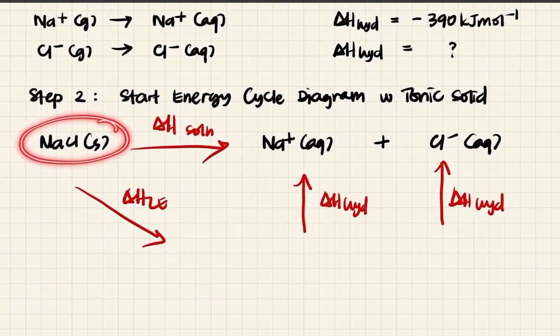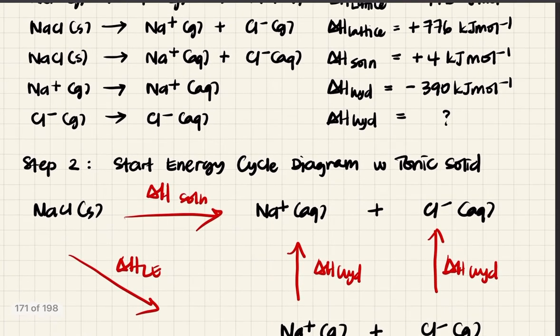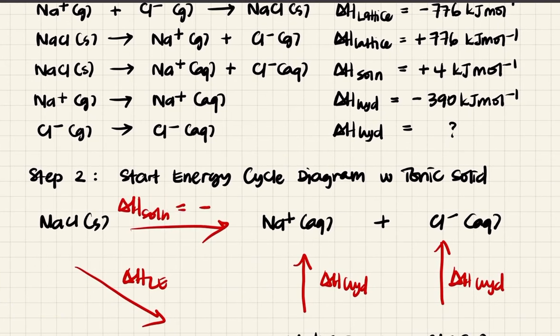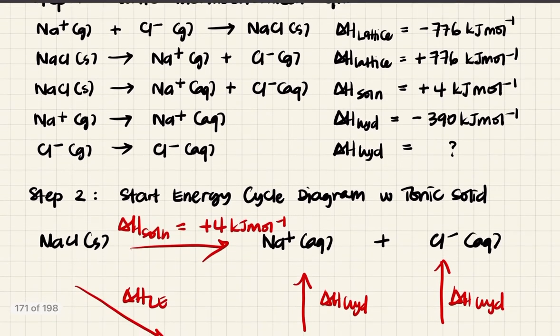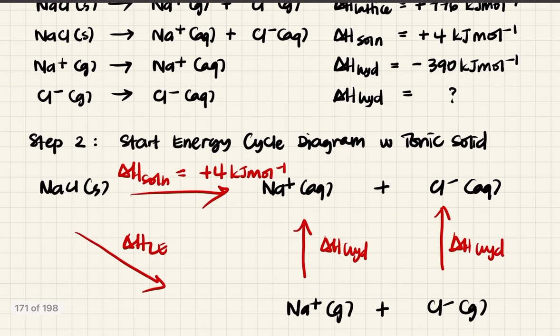And then from your ionic solid, lattice dissociation of NaCl, you will get Na plus gaseous and Cl minus gaseous. So it's that simple. Now you're just going to put in the values. Plus 4 kilojoule per mole. The lattice energy of dissociation, which is this one, will be plus 776 kilojoule per mole.